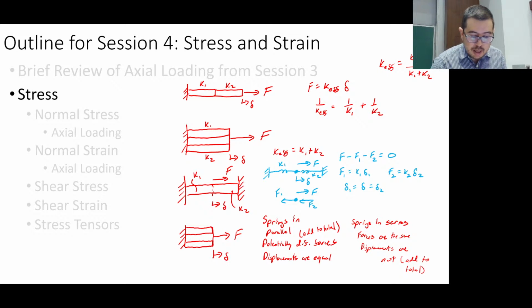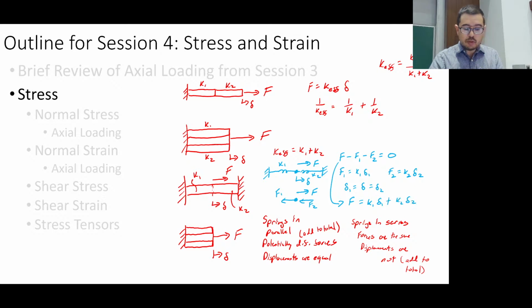And when I do that, the algebra becomes pretty simple. What do I see? Going back to the top, I can do some substitutions. This is where I did a poor job planning this out, but let's just say F equals K1 delta 1 plus K2 delta 2.